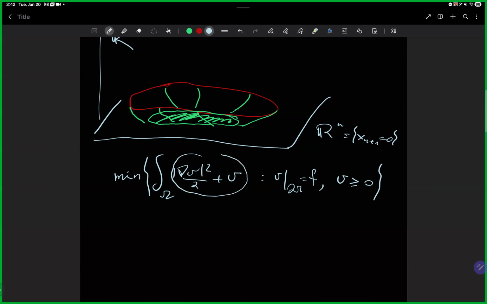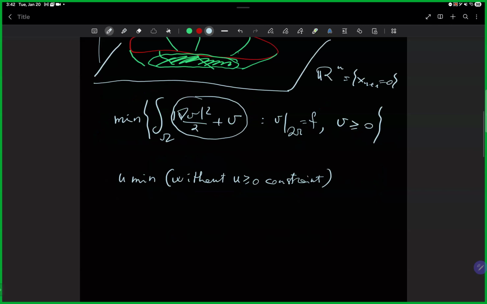So if you do the first variation of this energy, if u is a minimizer and you didn't have the u greater or equal than 0 constraint, so you remove the constraint, then the Euler-Lagrange equations would be just, the first term is the Dirichlet energy.